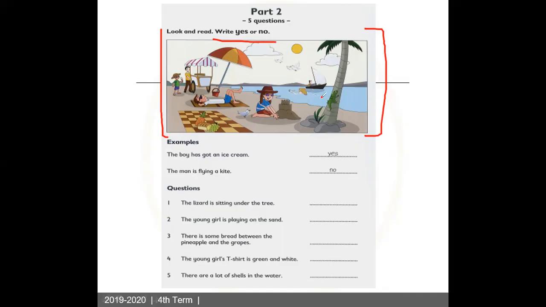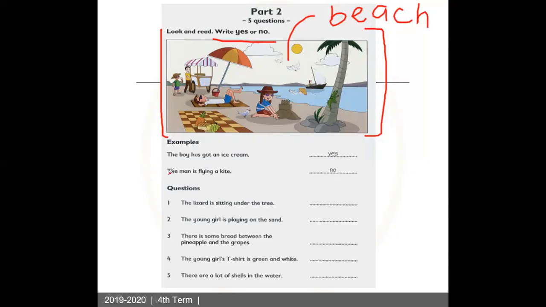Do you think this is in a river or in a pond? No, it isn't. So where is it? This is in a beach, right? Or seaside. Beach or seaside.